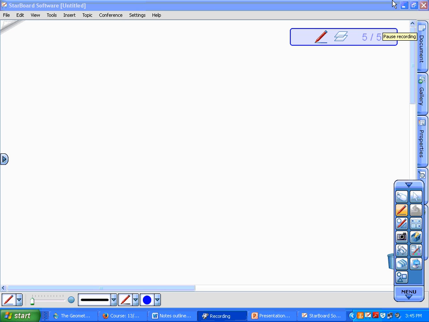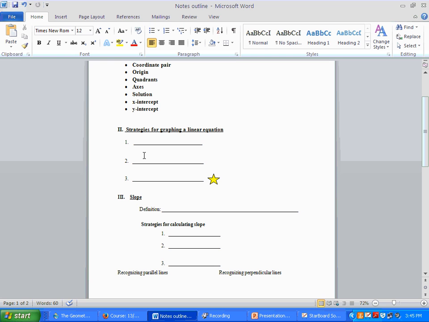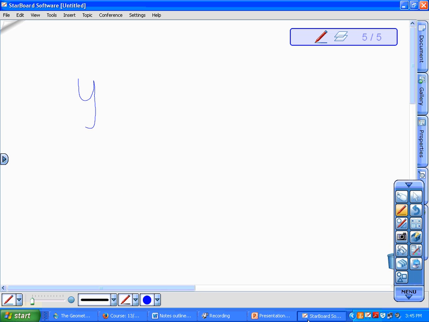Let's try example number 2. This time, let's assume the equation is already in slope-intercept form, which means y is already by itself. And the equation is y equals 5 minus 2x.